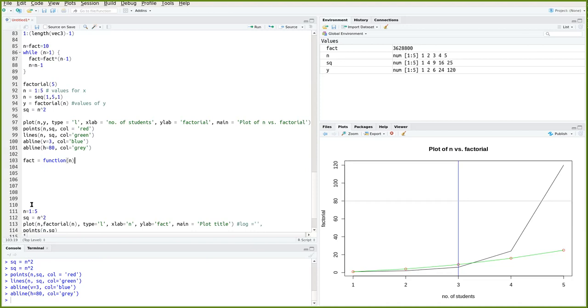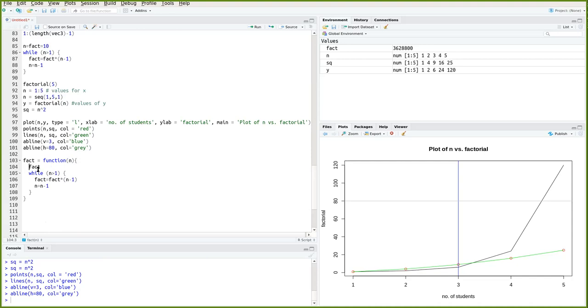Okay, and after this, you write the body of the function, which is how would you even calculate this? So this is my code for how I am going to compute the factorial of some number.